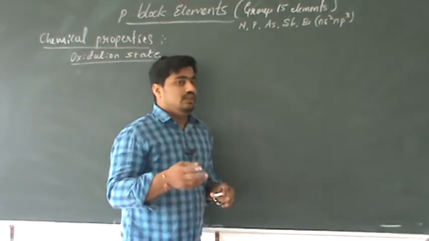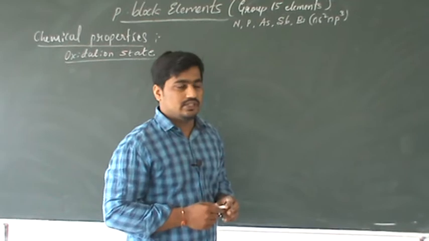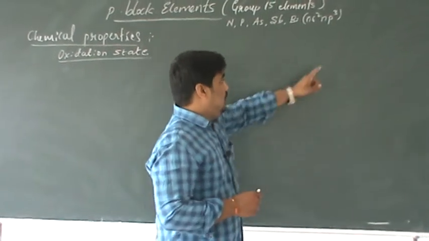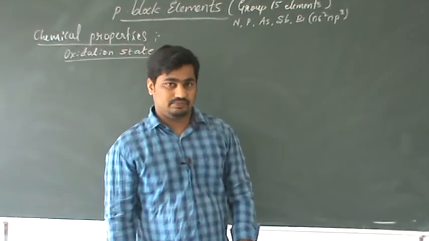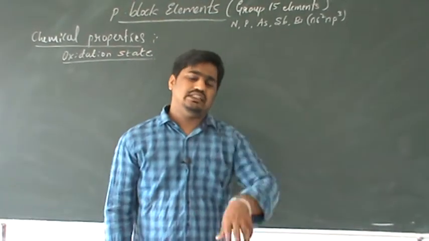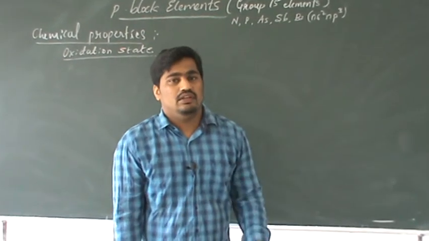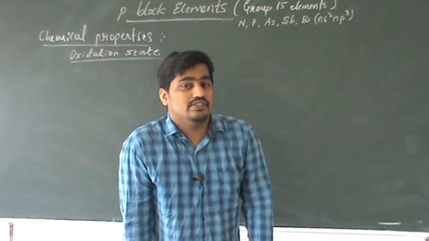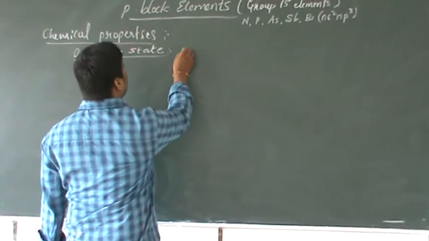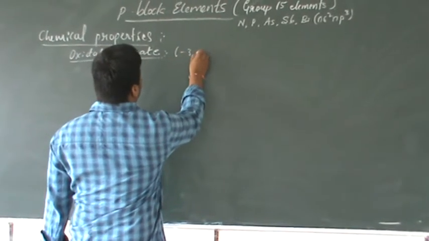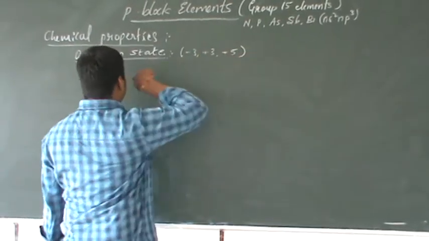Therefore, +5 and +3 are possible oxidation states. As another oxidation state, p has 3 electrons missing; if we add 3 electrons to these elements, then they get the -3 oxidation state also. Therefore, the common oxidation states of these elements are -3, +3 and +5.